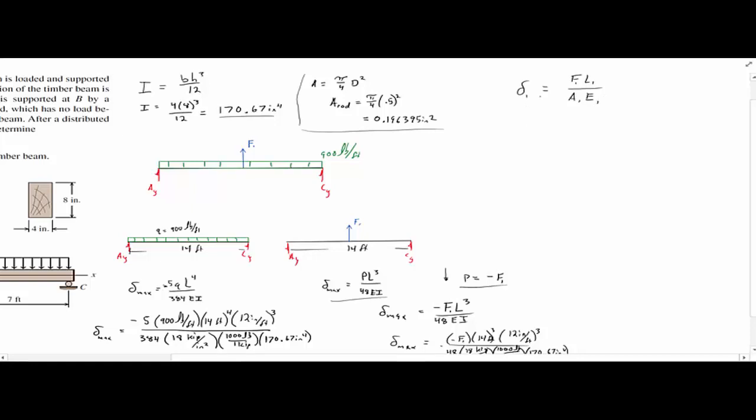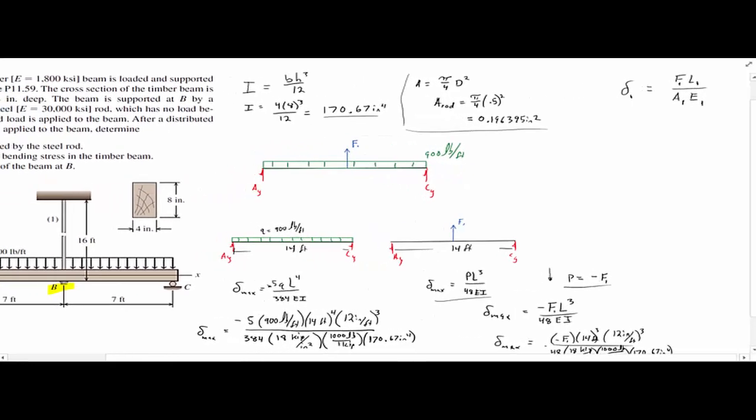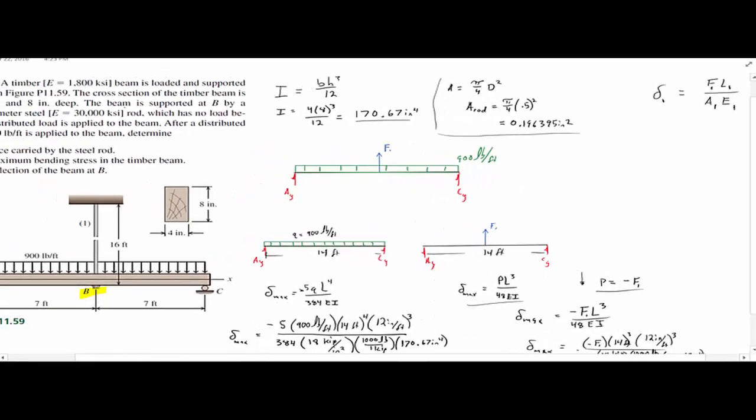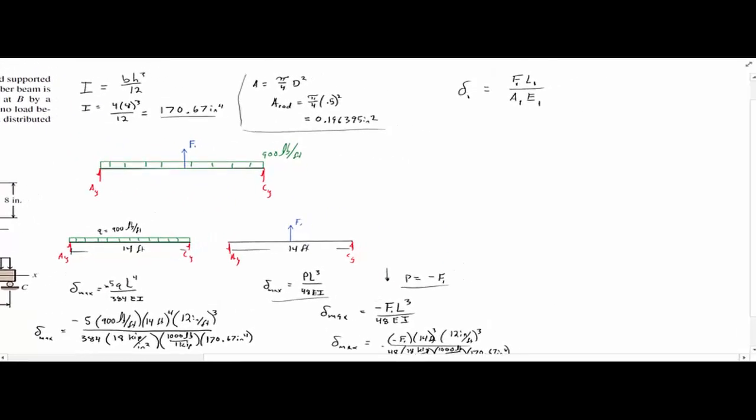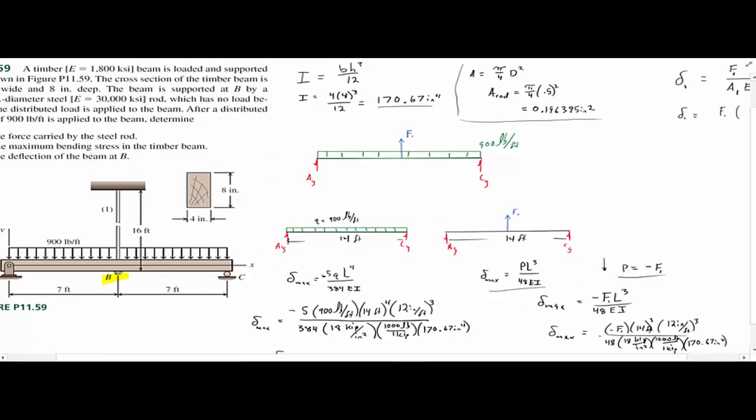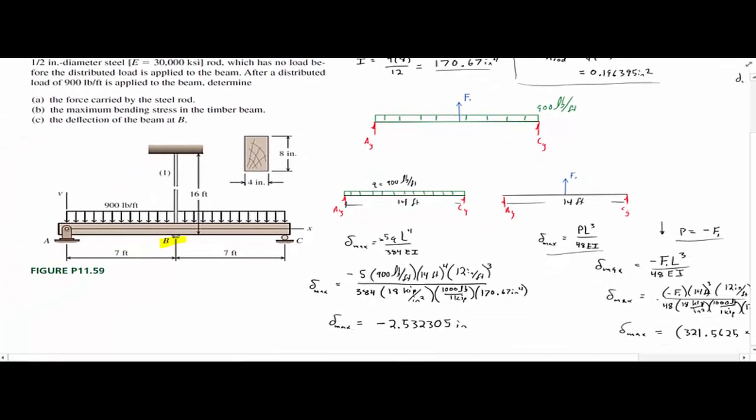So we'll say 1 here because this is due to the deflection of the steel rod, okay? And modulus of elasticity is going to be 30 kips per square inch.